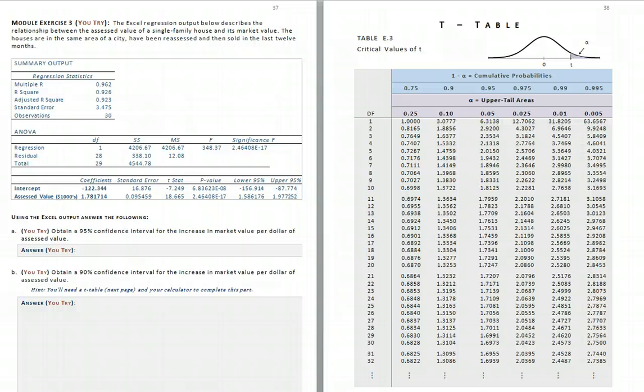If we look for the value of T 0.05 with 28 degrees of freedom, I think we've done this problem before. Here's the 28 degree of freedom row, so we'd be looking across that row, and we'd be looking down the column that had 0.05 at the top. So as we move down this column, we get to the number 1.7011. That would be the T 0.05 with 28 degrees of freedom number we would need to compute the confidence interval.